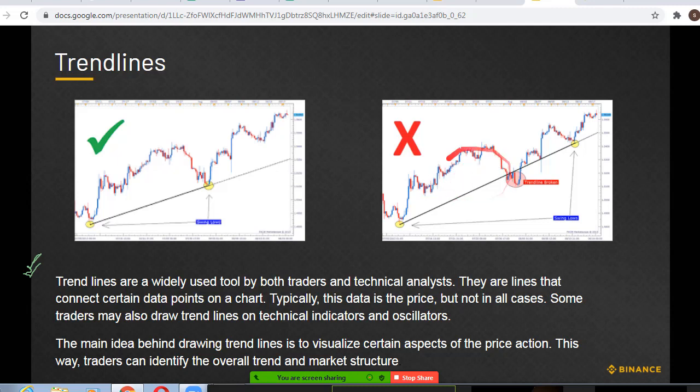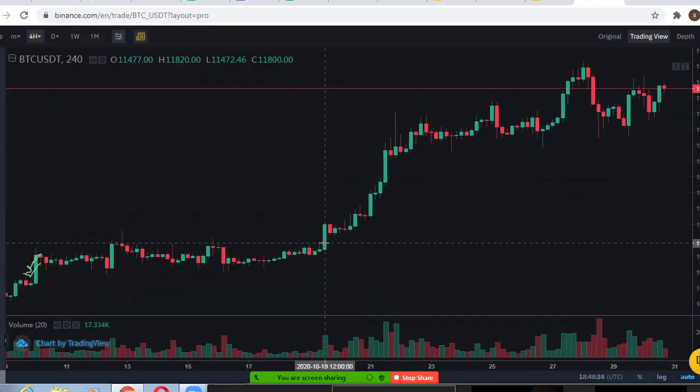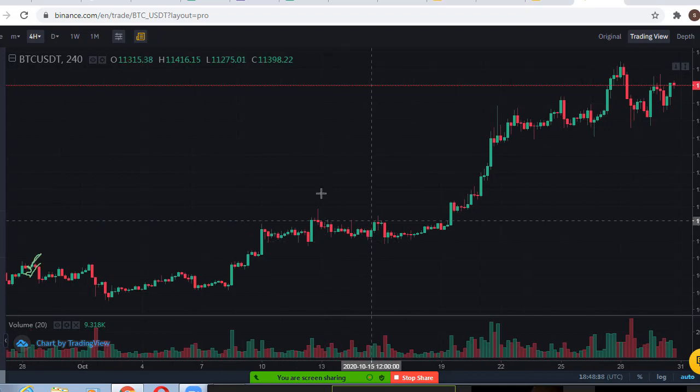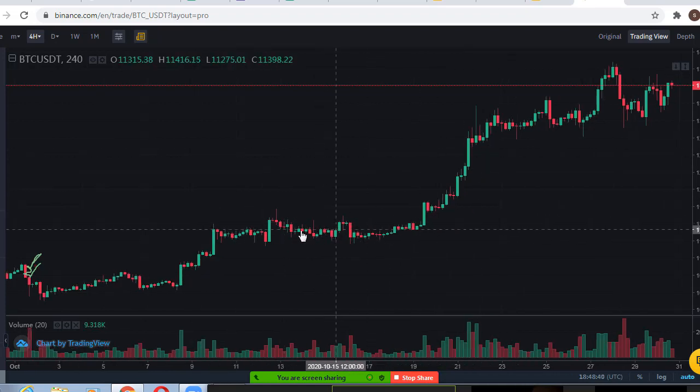So this is an incorrect way of drawing a trend line. If you just draw your trend line and rule it over and connect to this point, it is wrong, especially after the formation of this whole chart. So let me show you a practical example of what I mean. This is my chart. If I want to draw a trend line, these are two points which you can use to do your technical analysis.